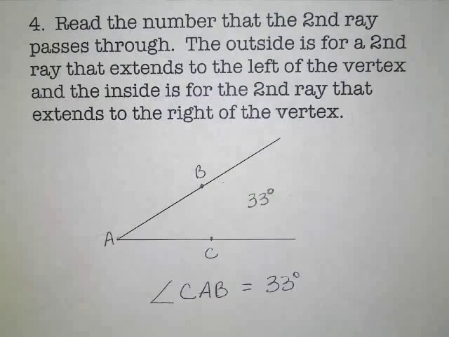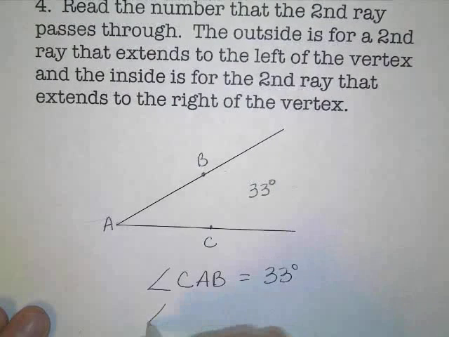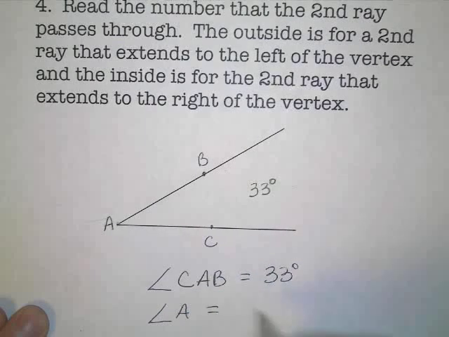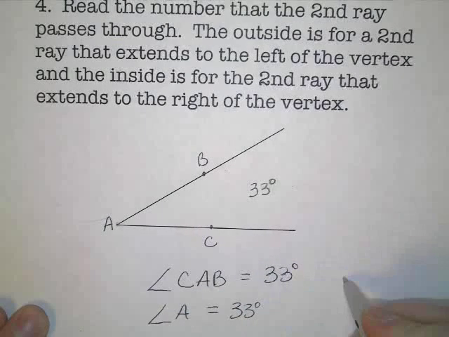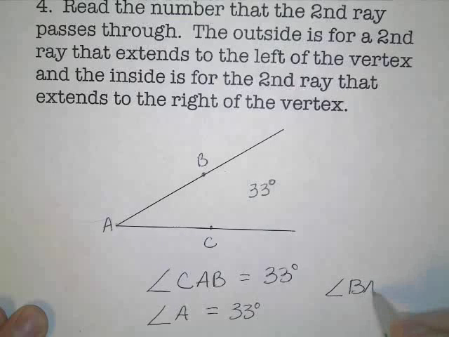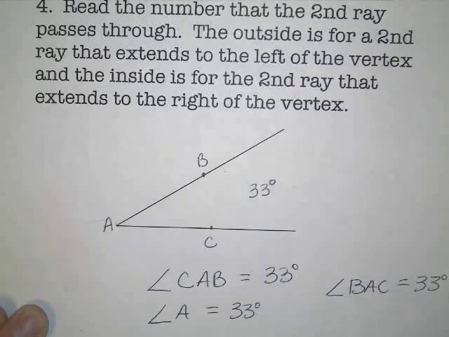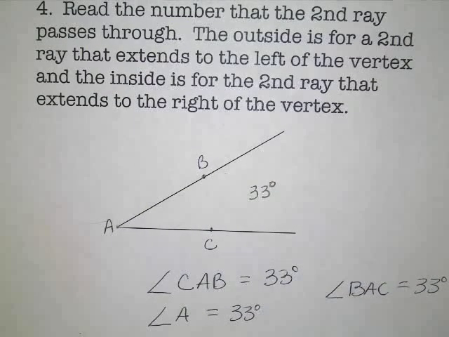Okay, because remember when we label an angle, we always make sure this letter remains in the middle. We could have also labeled it angle A equals 33 degrees, or angle BAC equals 33 degrees. Questions? None?